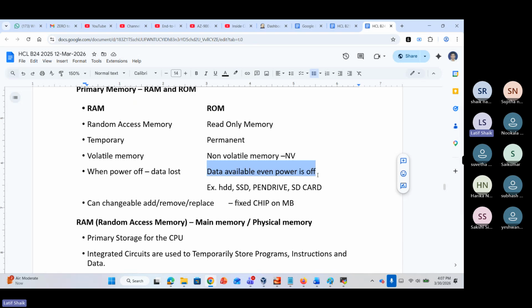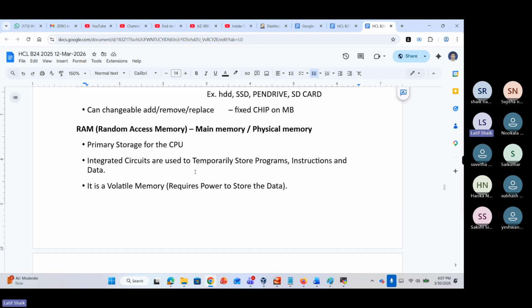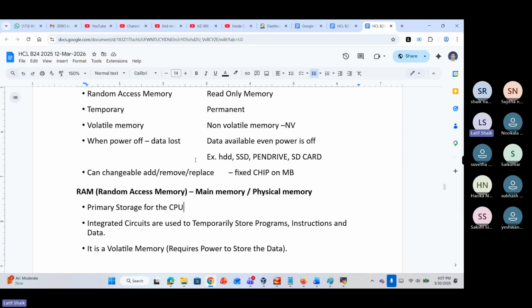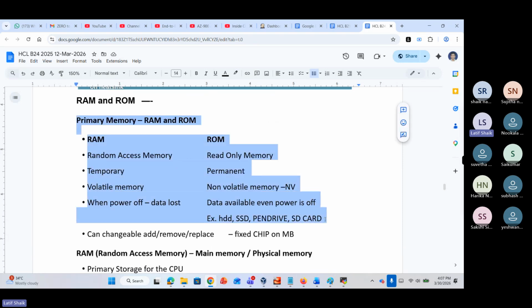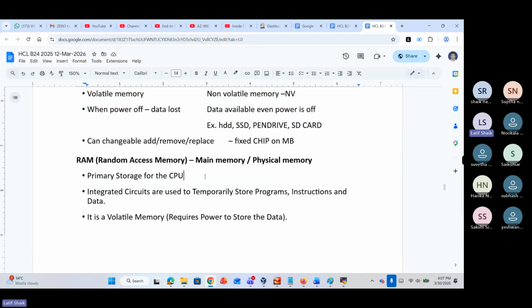Non-volatile memory devices keep the data even when the power is off or disconnected. Examples are hard disks, SSDs, and pen drives, which carry the data whether you connect or disconnect them from the system. Guys, do you understand the RAM and ROM difference? It is one of the most commonly asked interview questions.